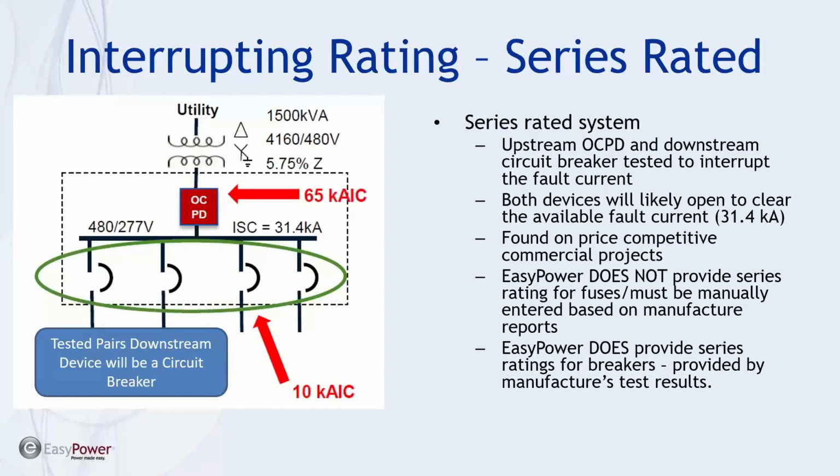So this potentially interferes with series coordination. But you'll find it on price competitive commercial projects where you want to use potentially a lower cost breaker on the feeders. Now, EasyPower does not provide series rating for fuses, so that improvement as far as the rating needs to be manually entered and is based upon the manufacturer's test reports.